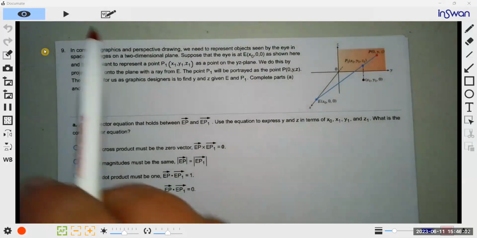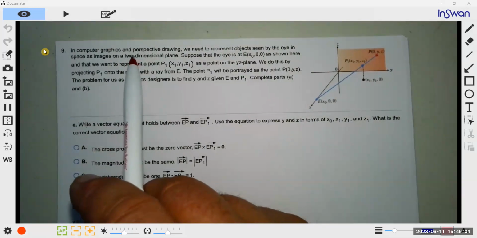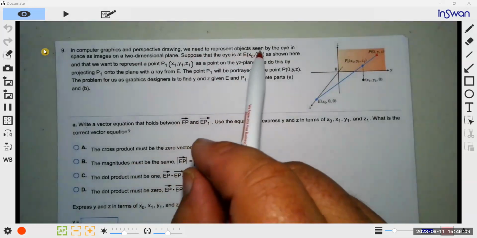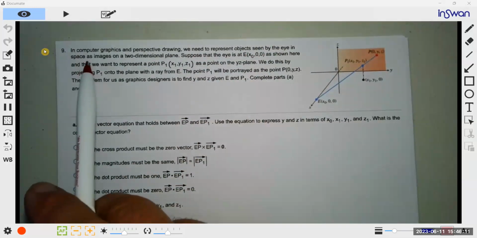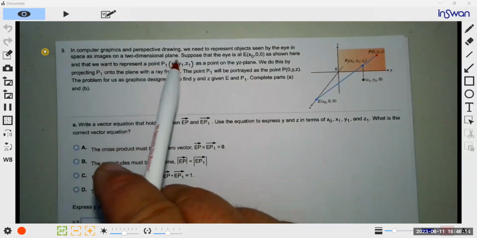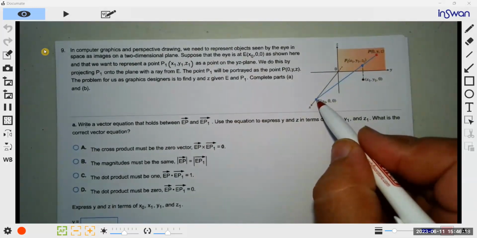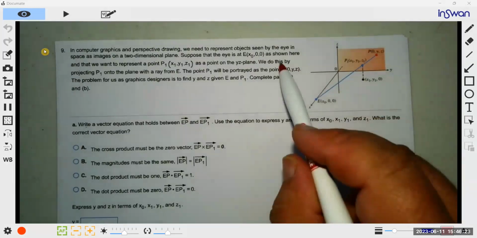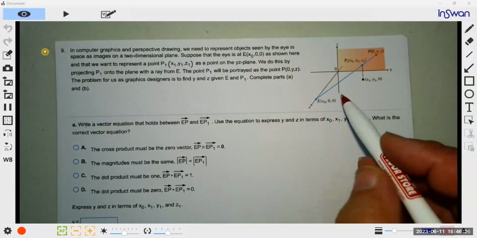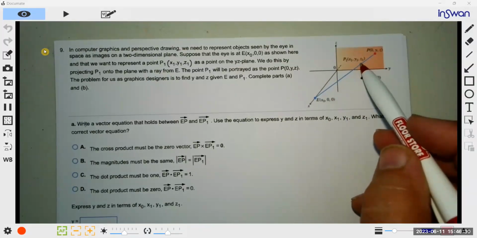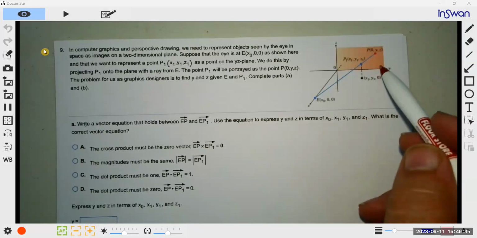Computer graphics is about perspective drawing. We need to represent objects seen by the eye in space as images in a two-dimensional plane. Suppose the eye is at E = (x0, 0, 0), as shown here, and that we want to represent the point P1 as a point on the YZ plane.